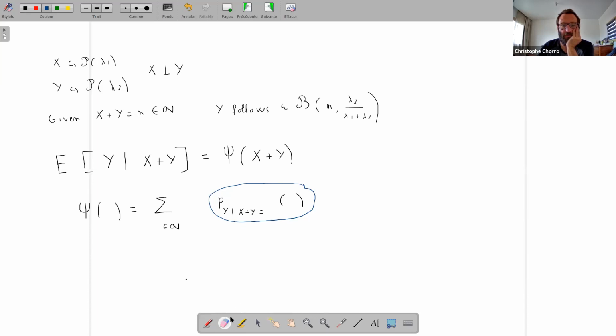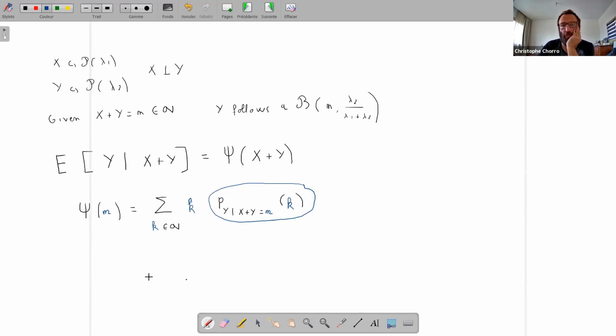So I will put n here. It will be the conditional probability of Y given X plus Y equal to n. And I will do the sum over a parameter that I will denote by k, in order to avoid confusion. And I do the sum over k belonging to N. So a priori, it's what I have to do.